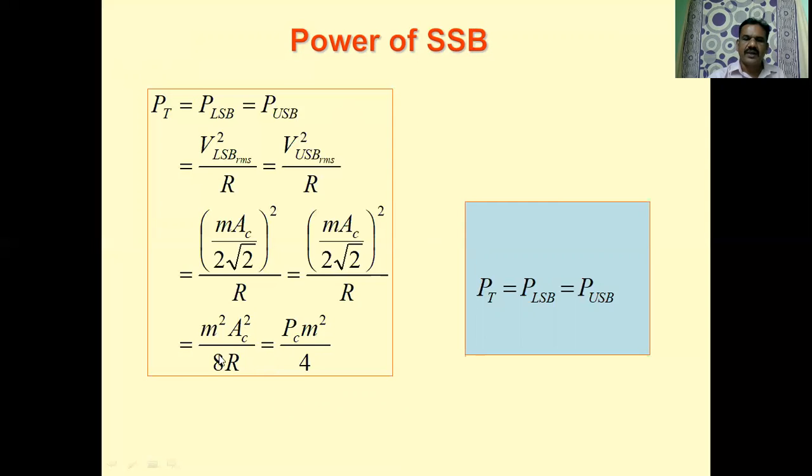So we get M square by 4 into carrier power, that means PC into M square by 4. So the total power of the SSB signal is equal to either lower sideband power or upper sideband power. By removing the carrier and one of the sidebands, we get the SSB modulation scheme, and hence the total power of the SSB modulation scheme is equal to one sideband power.